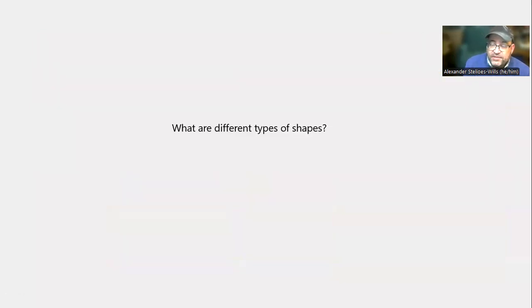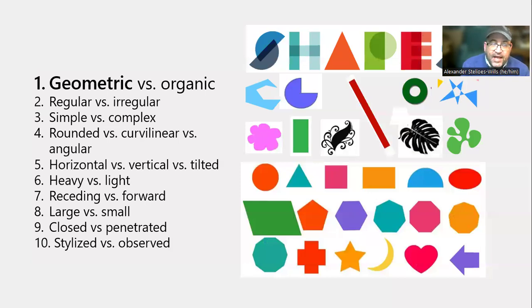So, different kinds of shapes. There are lots of different kinds of shapes. We can go through this list, but I think the most important thing about this list is that categorizing the different kinds of shapes is, to me, somewhat unimportant. A lot of art appreciation textbooks spend a lot of time talking about the difference between organic shapes and geometric shapes. And that's true. But fundamentally, there's a difference between things being regular versus irregular, right?